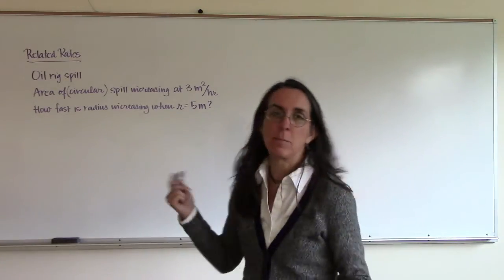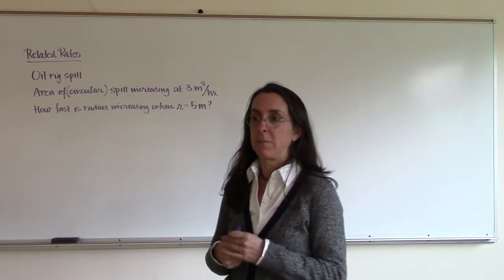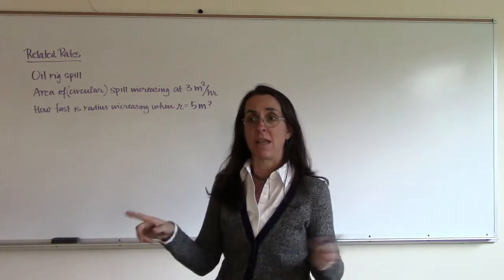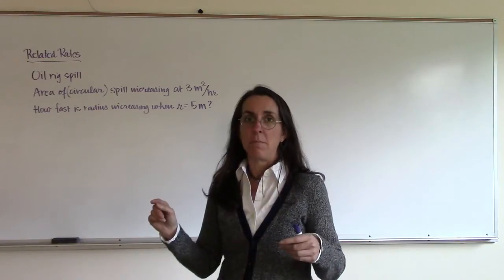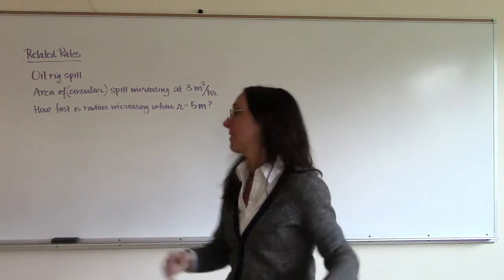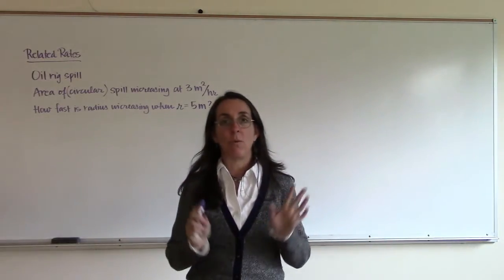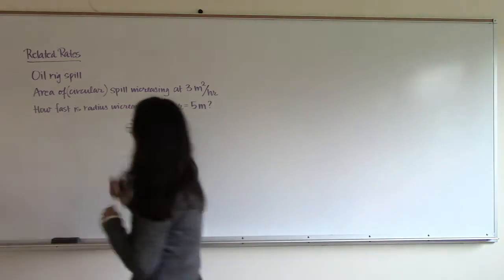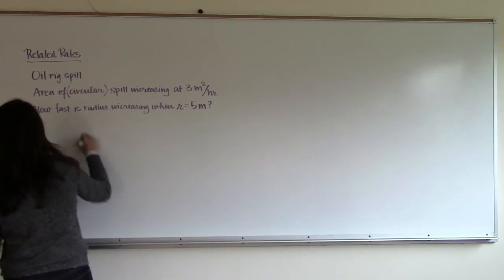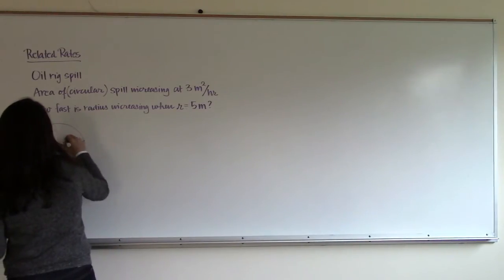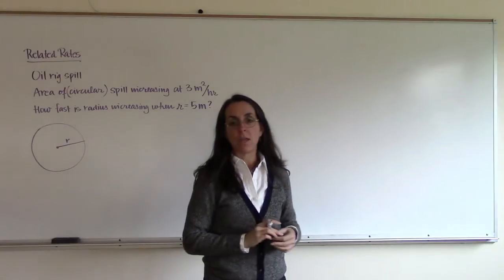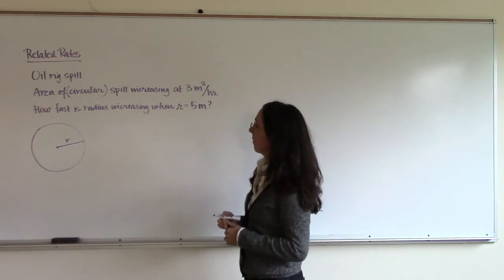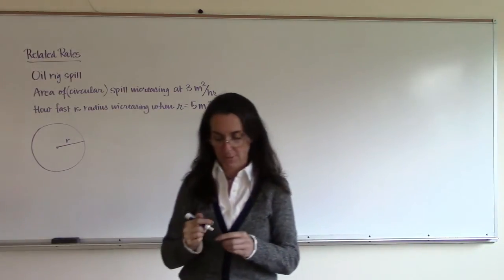And so that's why these problems are problems: the rate that one thing is changing is related to the rate that the other thing is changing, but they're all changing. Okay, so the way that you do one of these problems is you draw a picture. So there's my oil spill, and I've written down what's going on in the problem.